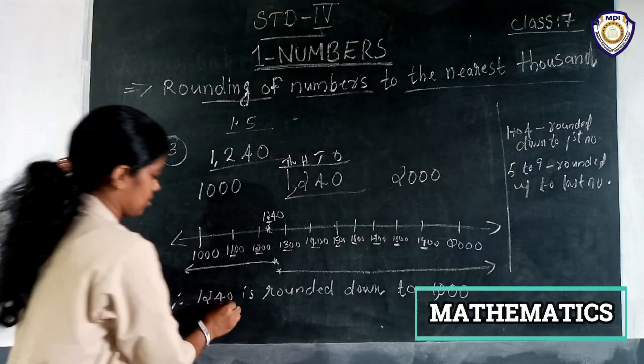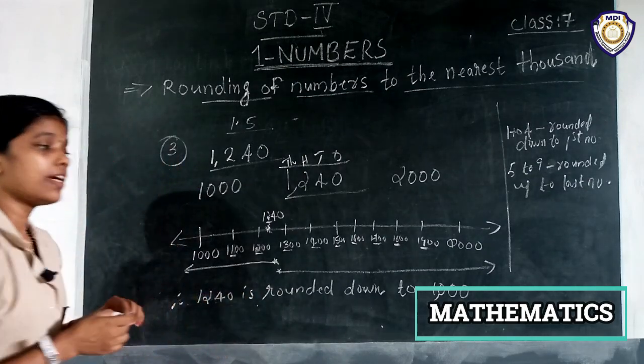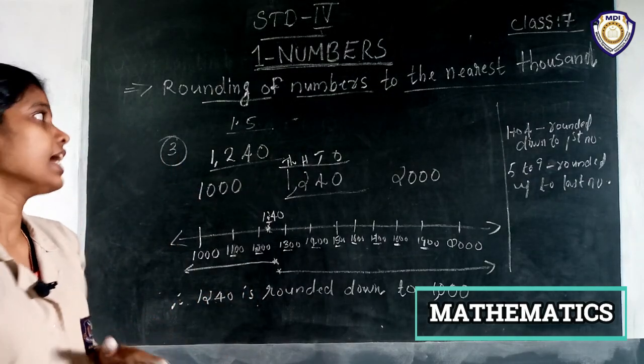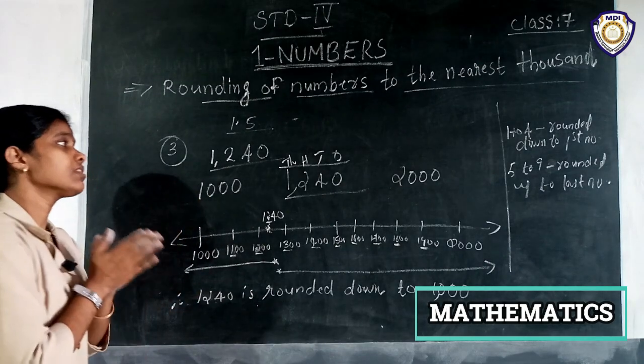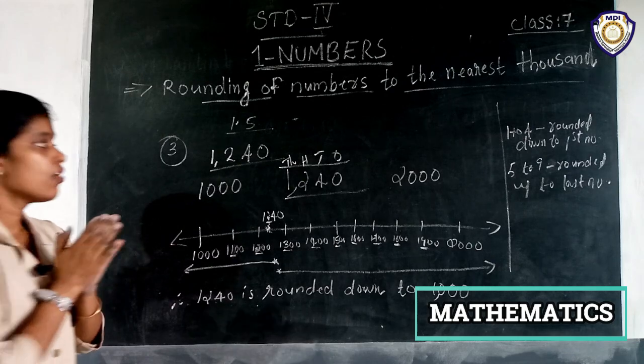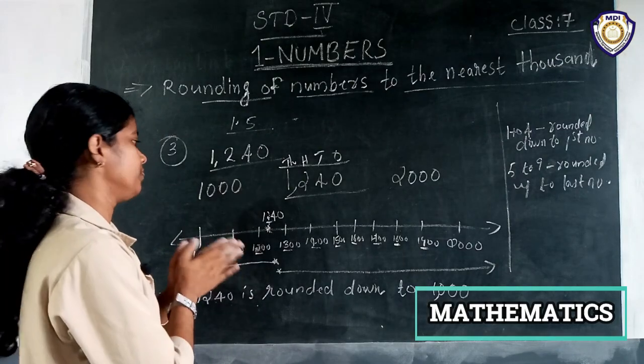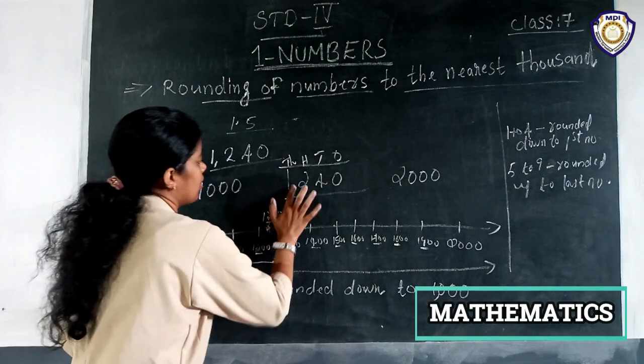Therefore, 1240 is rounded down to 1000. I will explain one more time. Listen here. 1240 is the number. Consider the first digit.